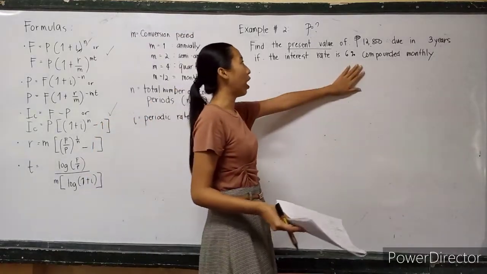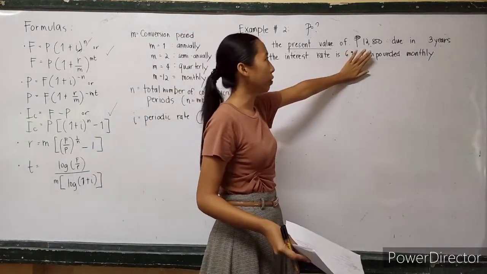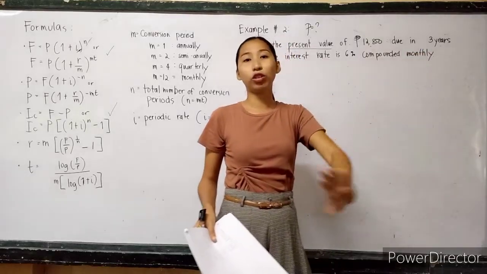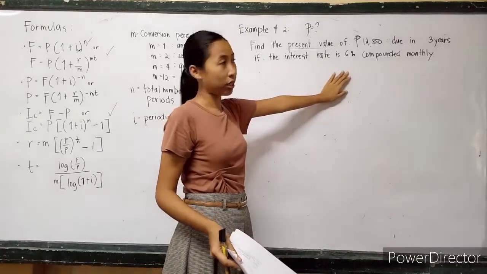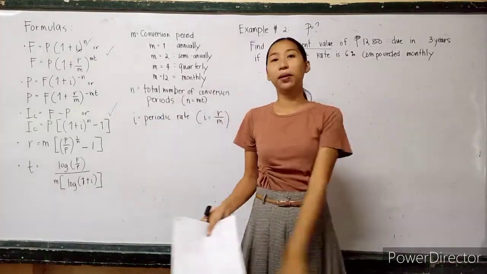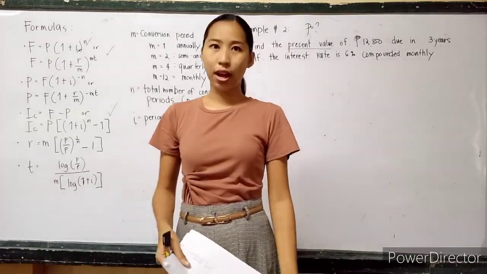Given na ang 12,850 due in 3 years if ang interest rate is 6% and compounded monthly or kada bulan.